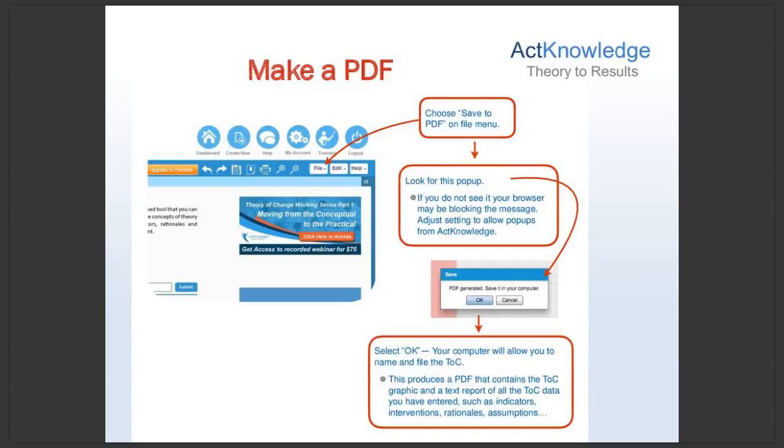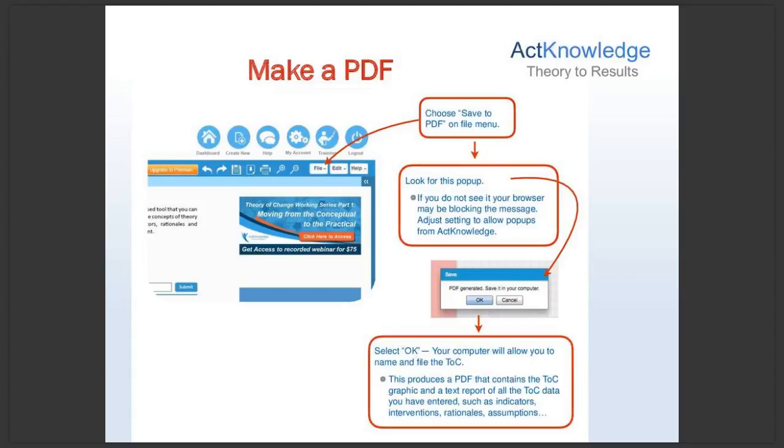So to make a PDF, you could go to the File menu here and you just click Save to PDF, and what you get then is a multiple page report that has, on the first page, the map or the graphic, and the subsequent pages include all the other content, just very fixed PDF style descriptions of the content, including the indicators and the interventions and the rationales. And if you have a program narrative, if you've recorded your assumptions about the theory of change context, then there's a place for that, and it all gets reported out in the PDF.